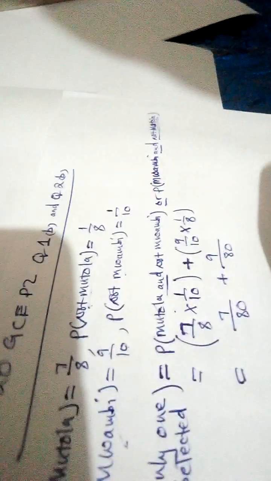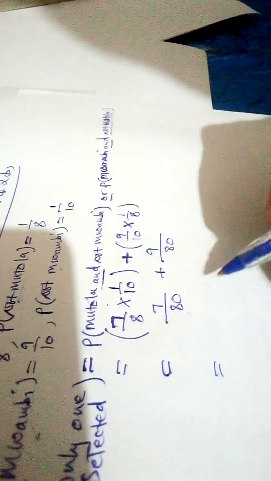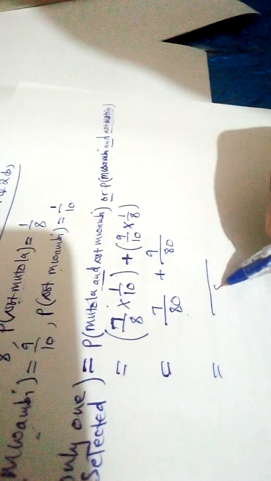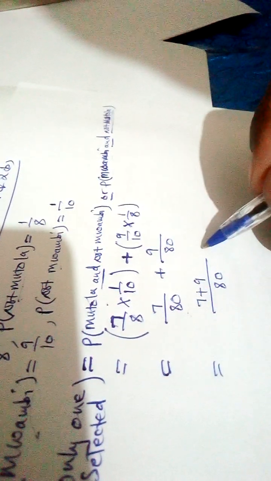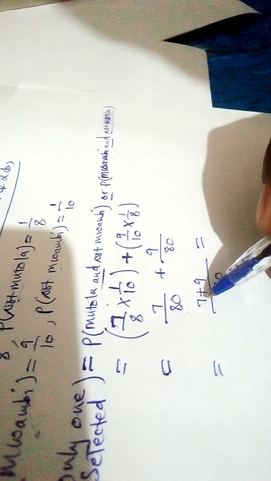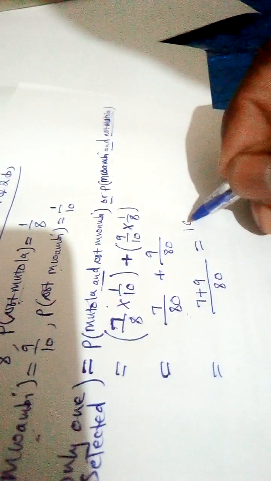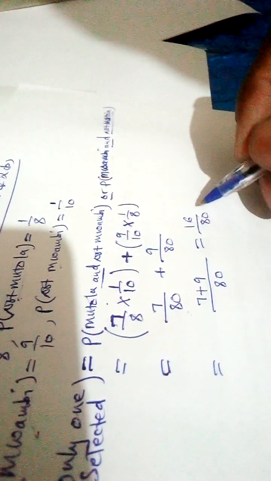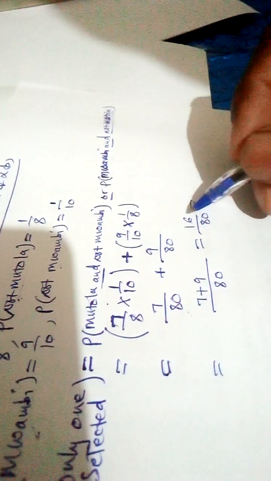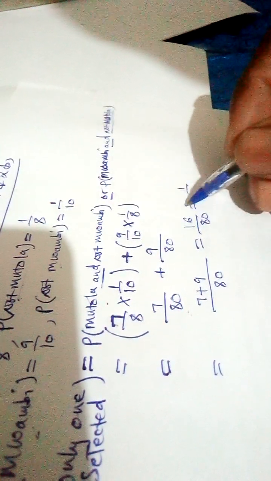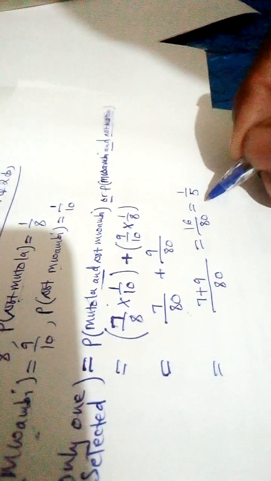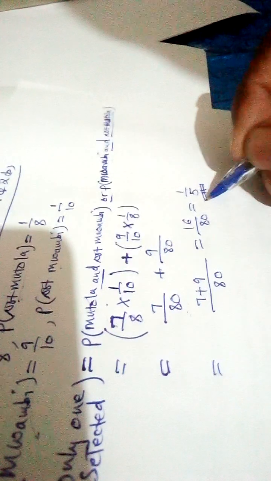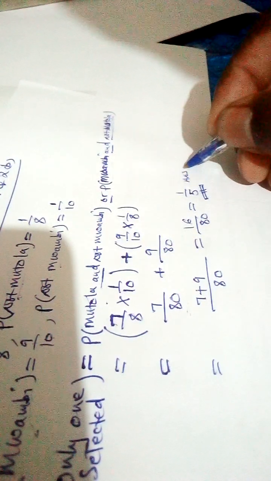Here we have the same denominators, so we add the numerators: 7 plus 9 gives us 16. So 16 over 80. But remember, you need to simplify this. 16 into 16 is 1, 16 into 80 is 5. You write it here, and this is our answer.